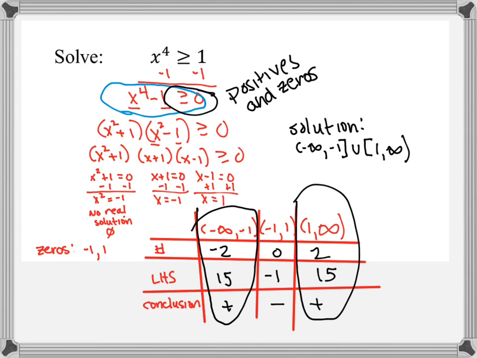Remember, positive and negative infinity will always get the curved parentheses because they're not actual numbers, they're ideas. And that is my solution. So the difference here was having the squared off brackets by the -1 and 1 because we had the equal bar where we were including the zeros.